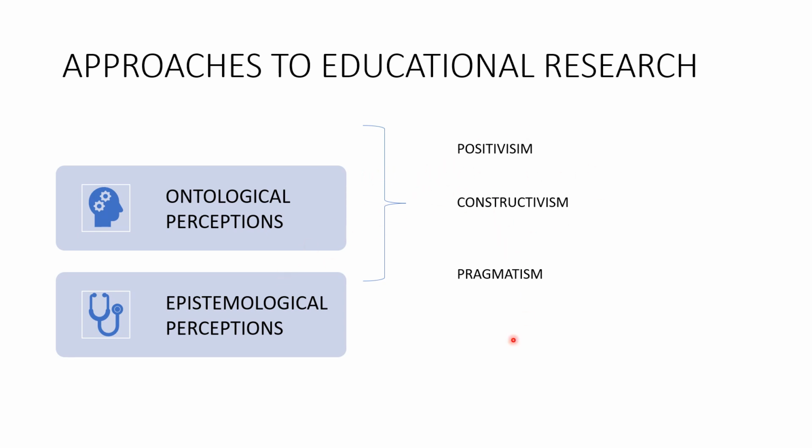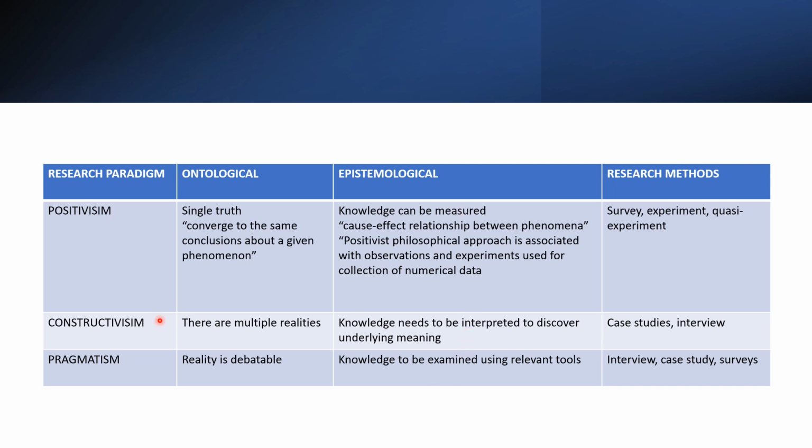These are the research paradigm examples: positivism, constructivism, pragmatism. But if you look at my other lecture slide, you will see there's another one. Usually there are four, but I'm going to use three as an example.